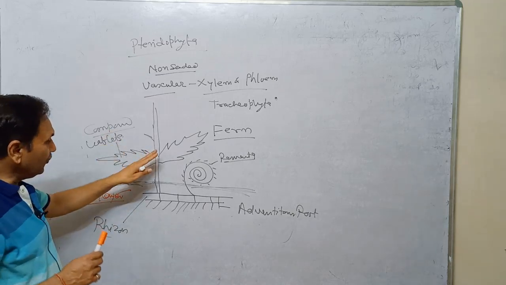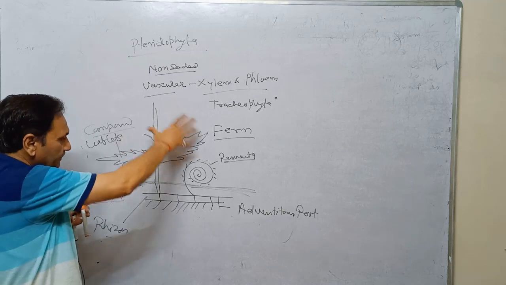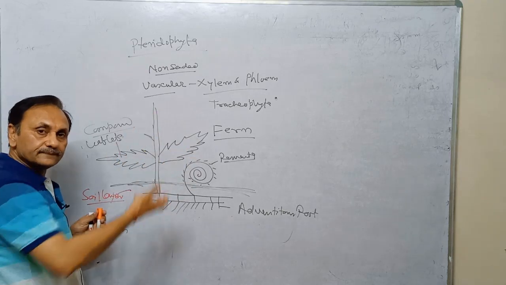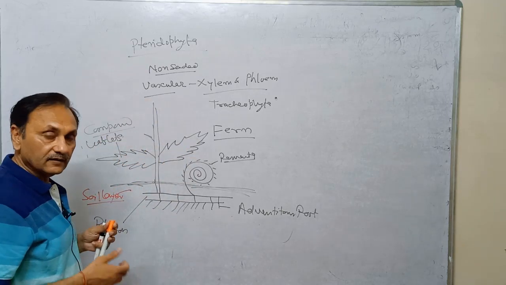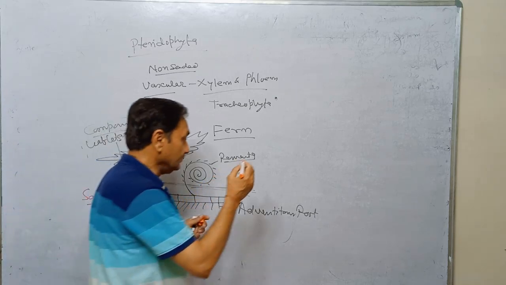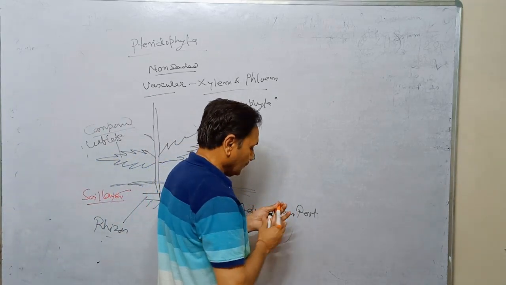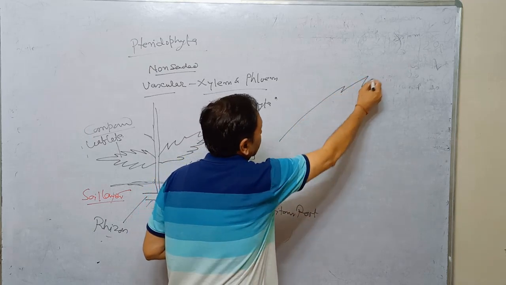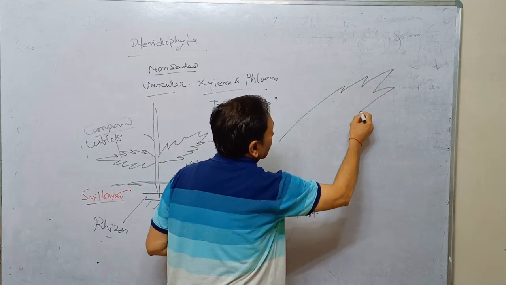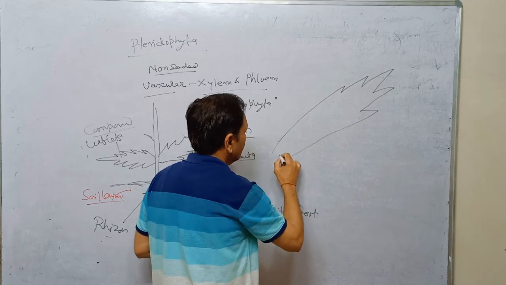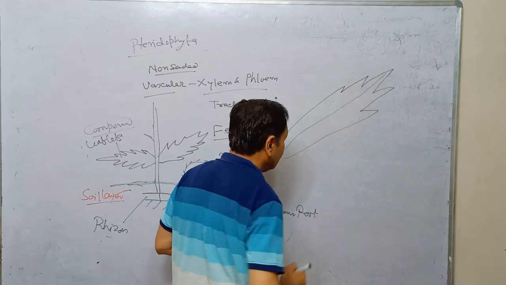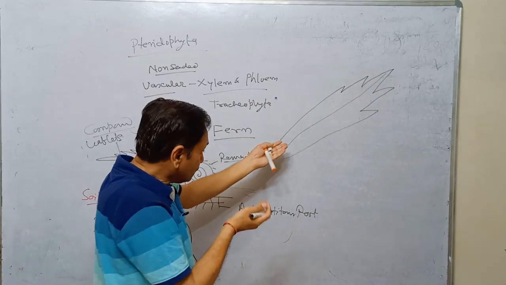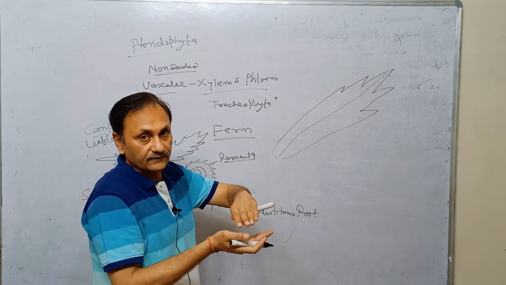But if you observe, this is the sporophytic part of the pteridophyte fern. What happens? It has been observed when the leaf is matured. Suppose this one is the leaflet, and this one is the dorsal part of the leaflet.